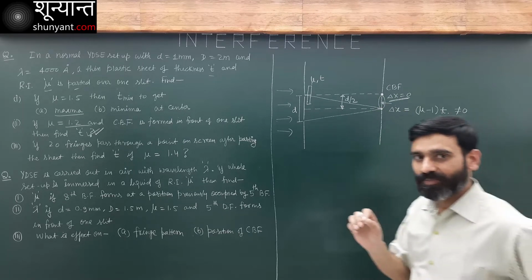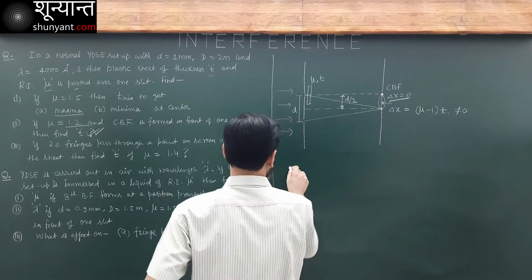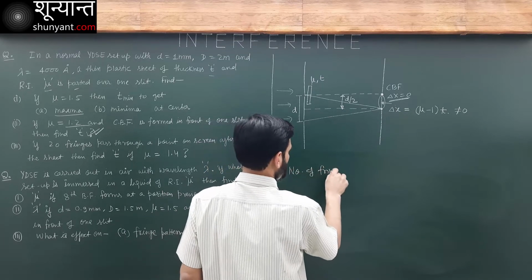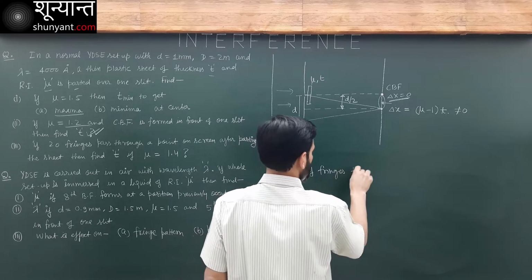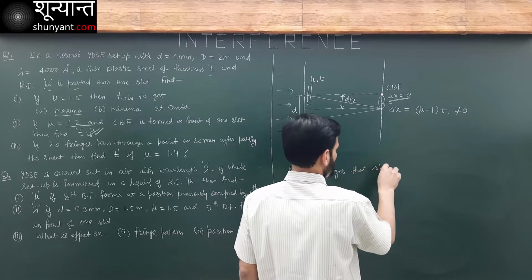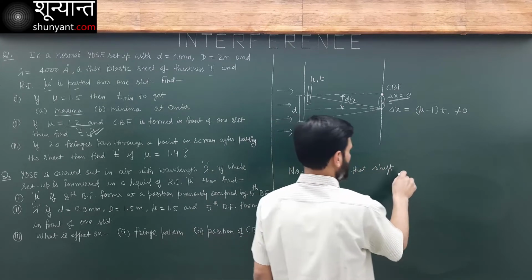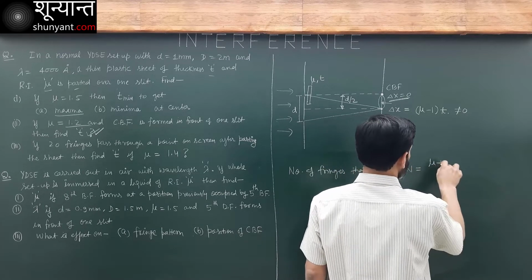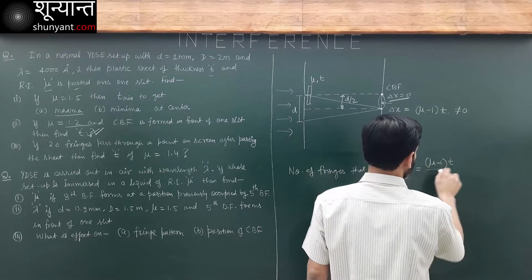And we have a very simple formula: the number of fringes that shift, n, is equal to (mu minus 1) times t over lambda.